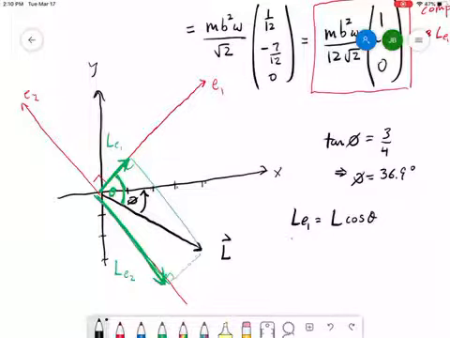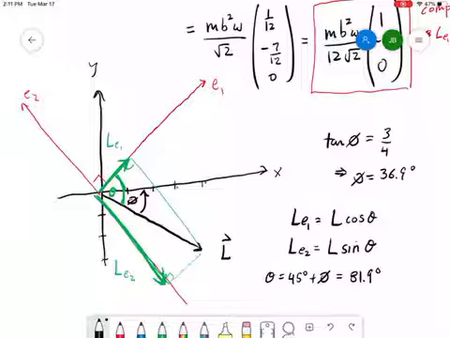Likewise LE2 is the side opposite of theta, so that's going to be L sine of theta. We know that between the x-axis and the E1 axis, we have 45 degrees. So theta must be equal to 45 degrees plus phi, which is 36.9 degrees. If you add those two up, you get 81.9 degrees.